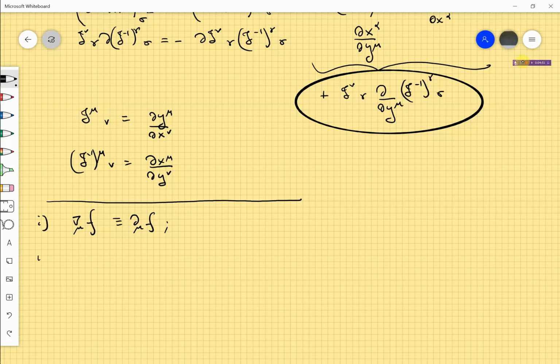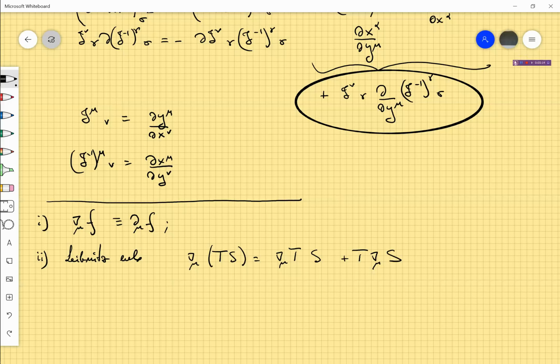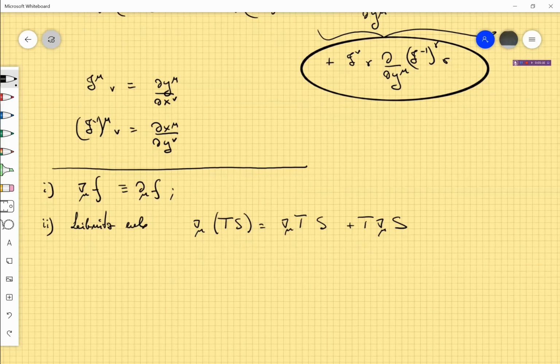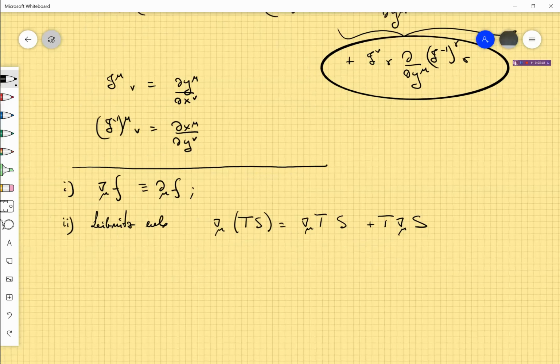Then another property that we want from this derivative is that it satisfies what is called the Leibniz rule. So the derivative of the product of two tensors, T and S, is the covariant derivative of T times S plus T times the covariant derivative of S, for any two tensors of any ranks.